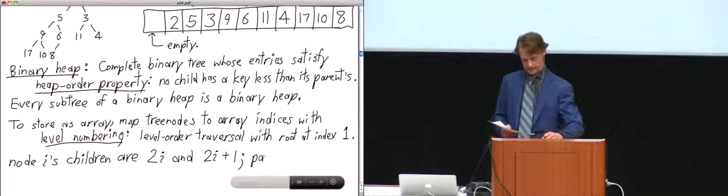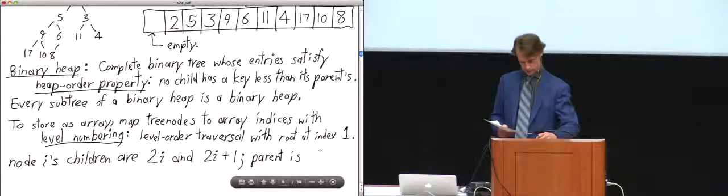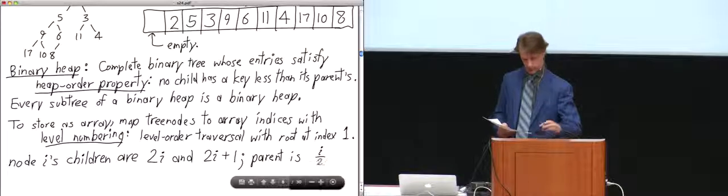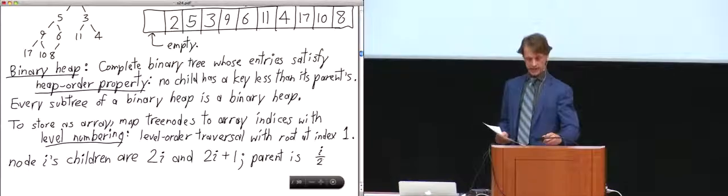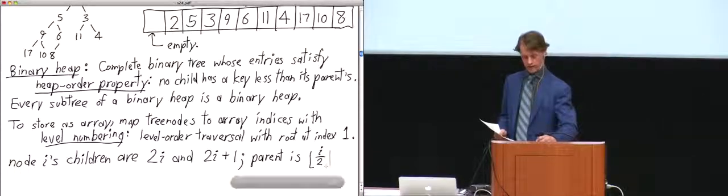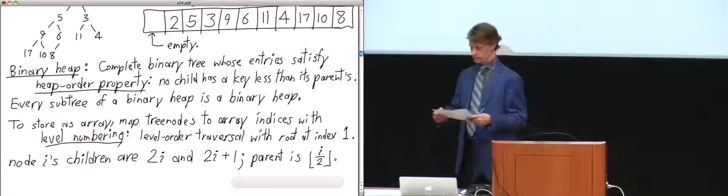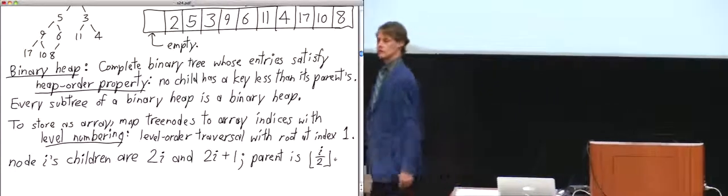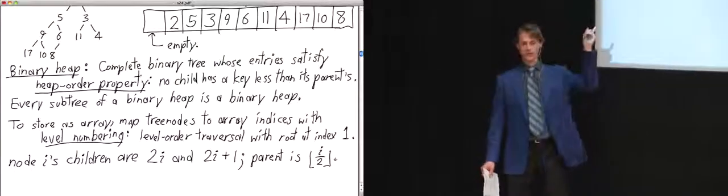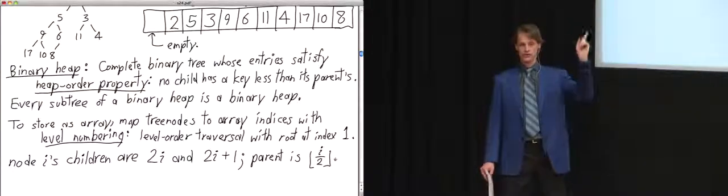Because the parent's index is i over 2. And if i is odd, you round down. So it's the floor of i over 2. So what's cool about this is that no node needs to store explicit references that point to its children or point to its parent.